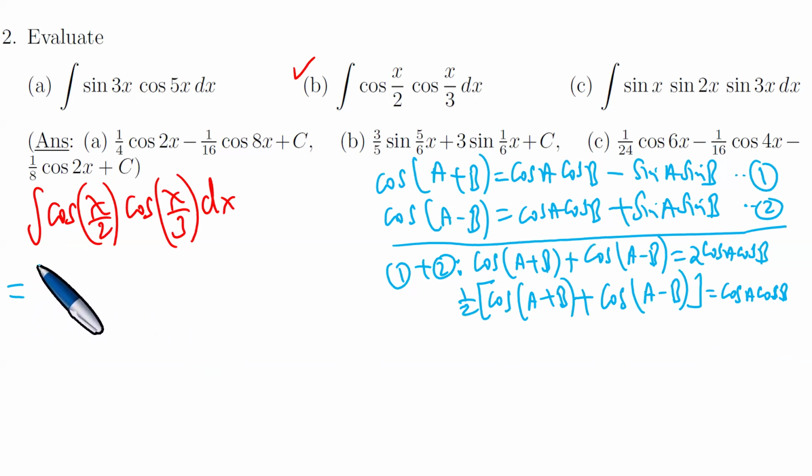All right, so in the end, cosine A cosine B, you write it like this. In the exam, you write 1/2, then cosine of the two angles added up. So it's going to be x over 2 and then x over 3. You add the angles.